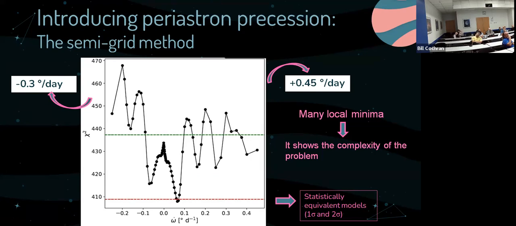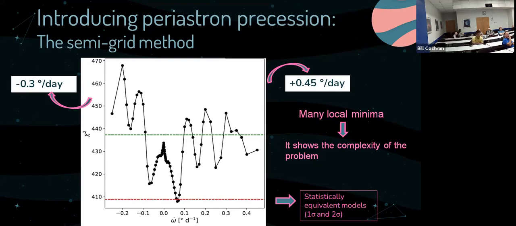And all these local minima show that when we let omega dot be a free parameter varying in our MCMC routine, we will find these local minima again, and this shows the complexity of this problem and of this data probably as well.